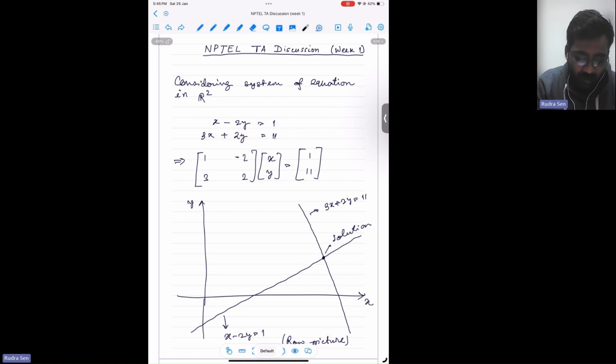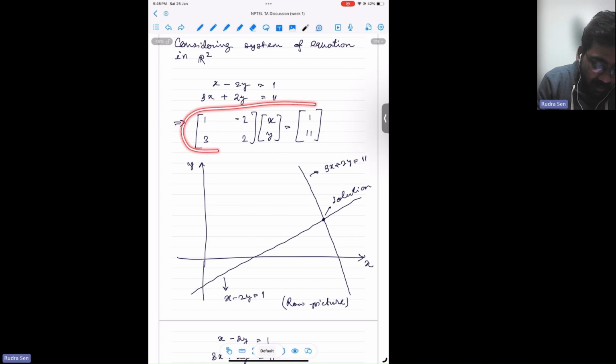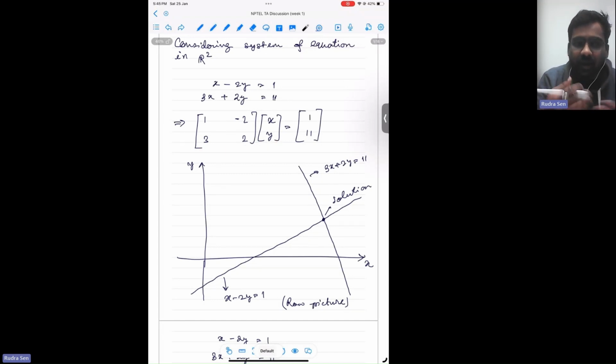equals 11. So we can write it in this matrix vector format. This is the matrix, and these are the variables that we are trying to find out, and this is the vector.